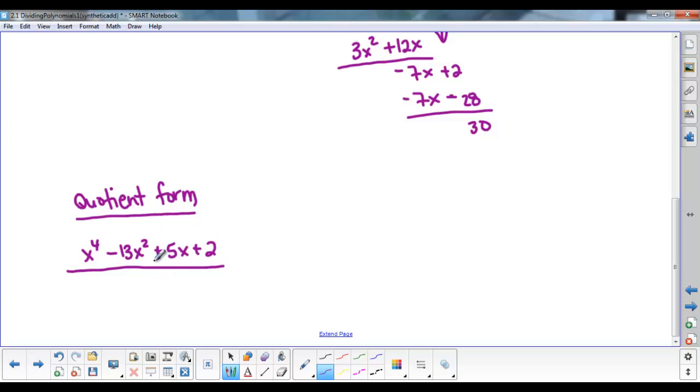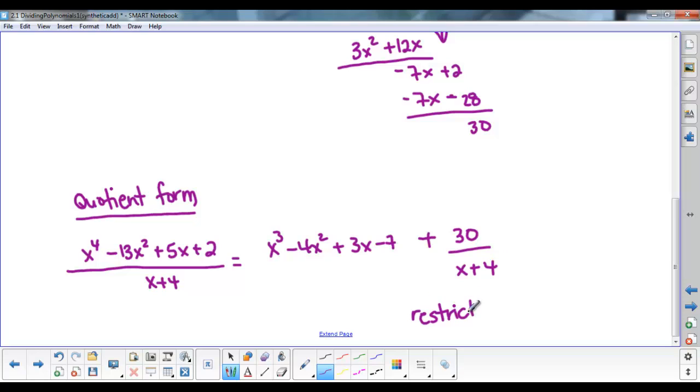So dividend over divisor equals our quotient. So we ended up with x cubed, take away 4x squared, plus 3x minus 7, plus our remainder over the divisor. And if we had to do any restrictions, our divisor cannot be 0, which tells us that x cannot be negative 4.